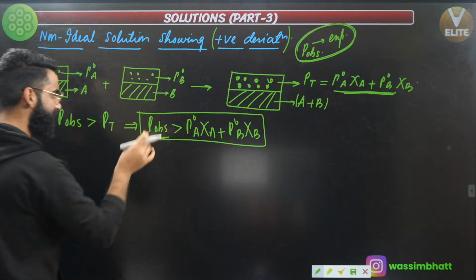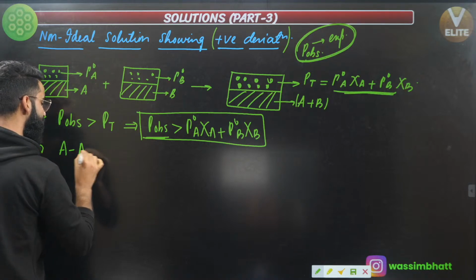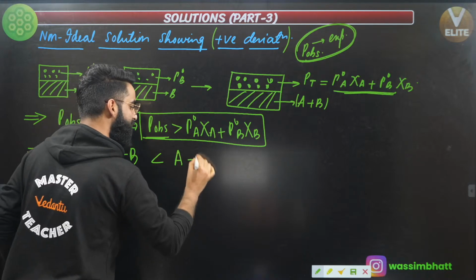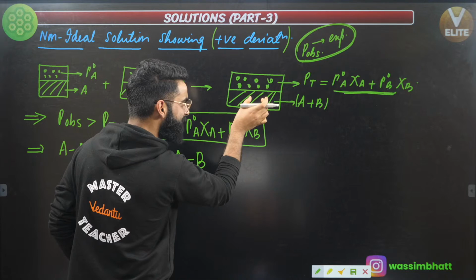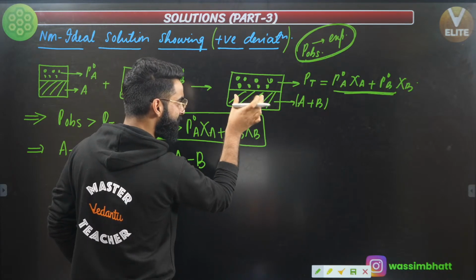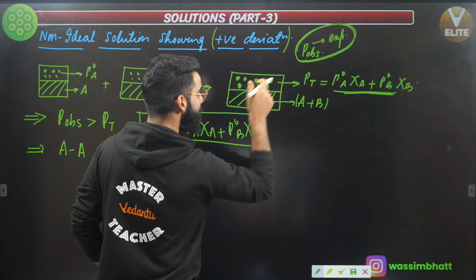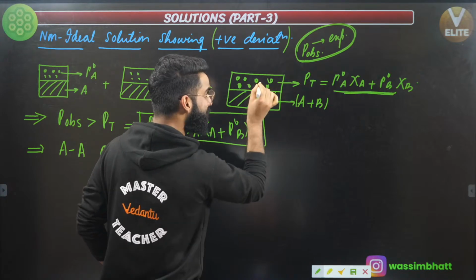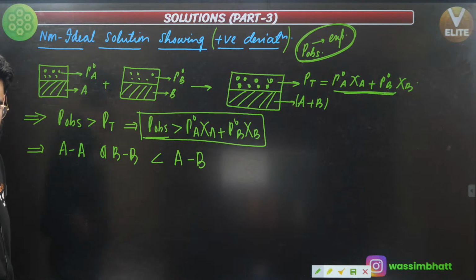So this is only possible if AA interactions and BB interactions are stronger than AB interactions. If AB interactions are less, I'll say A and B particles will be far from each other, right? If they are far from each other, the force of attraction between them will be less. Their escaping tendency will be more, due to which the experimentally determined vapors over here will be more than the expected vapors, which I was expecting as per Raoult's law.